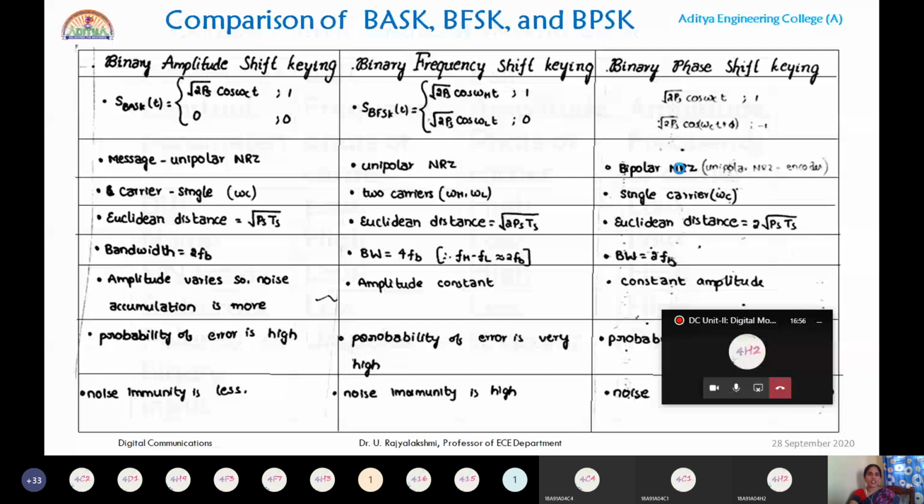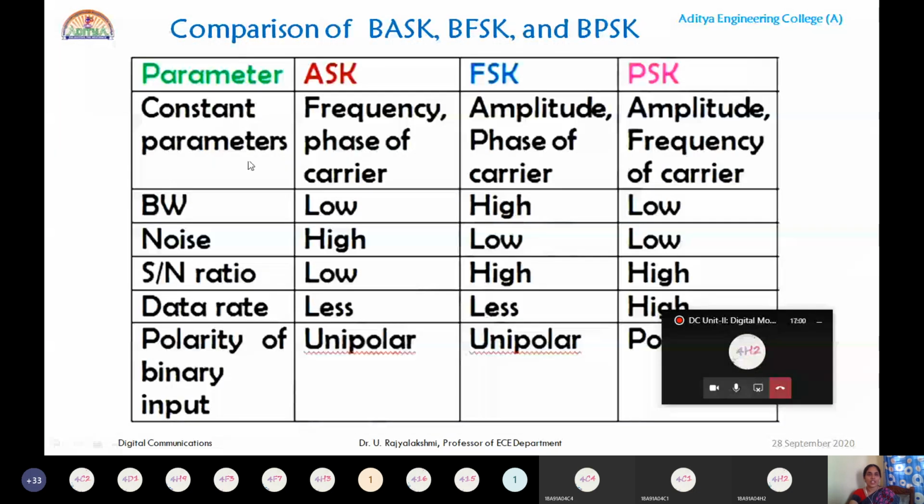And this is a generalized comparison. So in ASK, FSK and PSK, what are the constant parameters? In ASK, the frequency and phase of the carrier remain constant. In FSK, amplitude and phase remain constant. And in PSK, the amplitude and frequency of the carrier remain constant. Okay, and what about bandwidth?